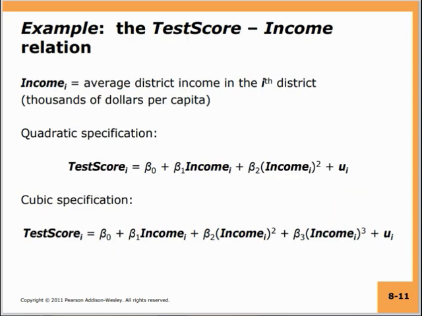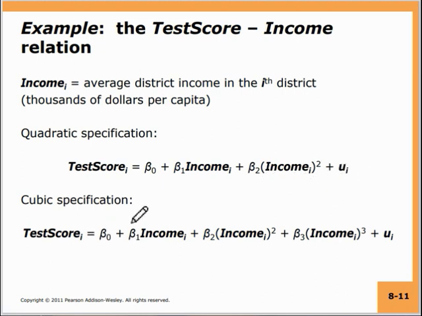So for instance, if we take the test score income relation, the income that we just looked at, it is in fact a nonlinear relationship. Income is the average district income in the ith district, in thousands of dollars per capita, and the quadratic specification is test score equals beta 0 plus beta 1 income i plus beta 2 income i whole square plus ui.